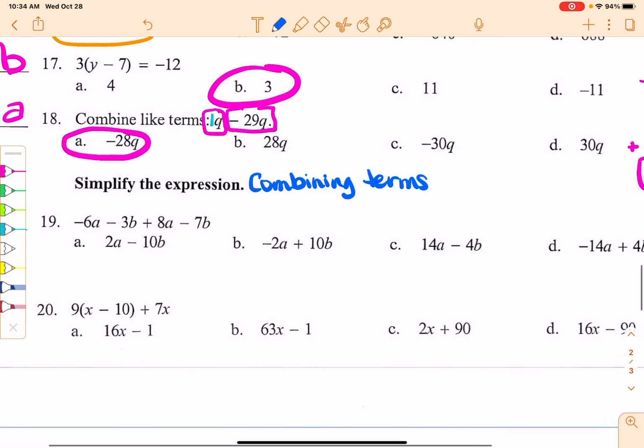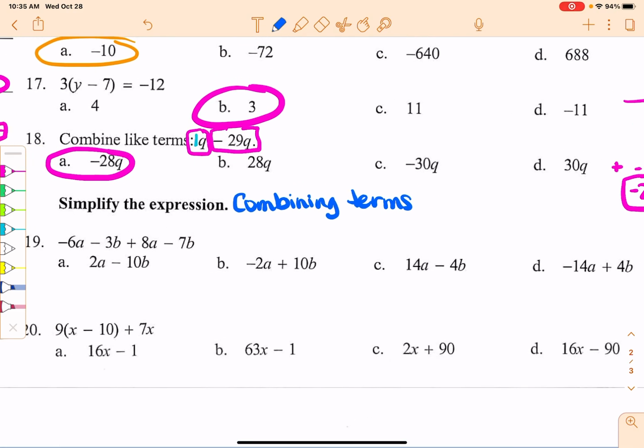So there are a's and b's. So when I go to make my columns, remember if I have more than one letter, they go in alphabetical order. Then I've got to get my pieces together as we talked about in class and start to sort them. So it's going to be negative 6a.